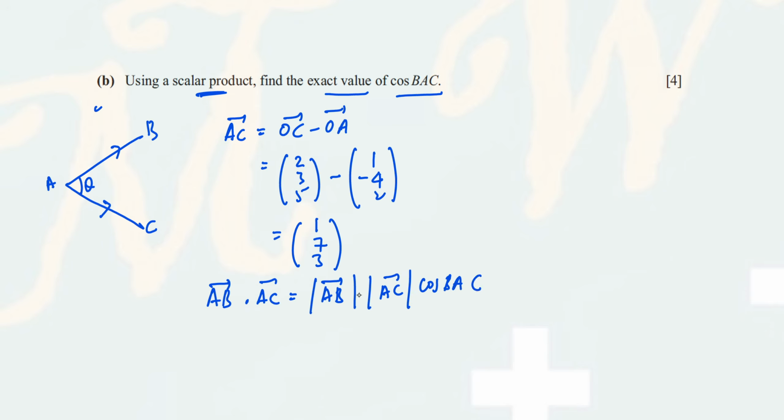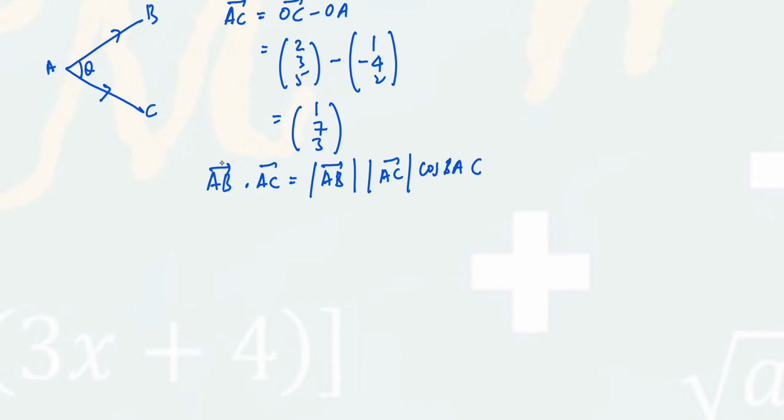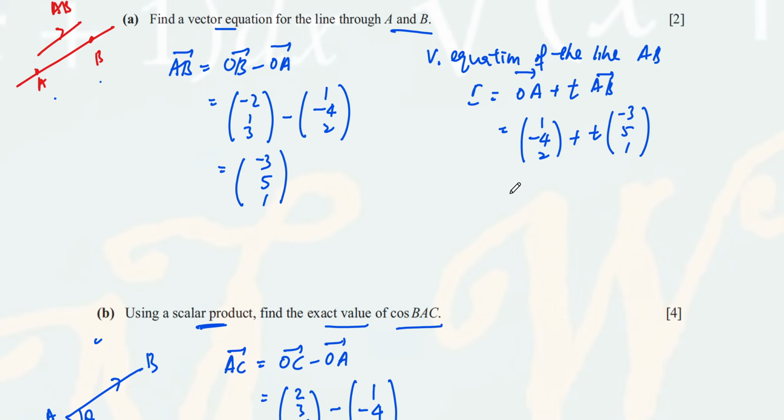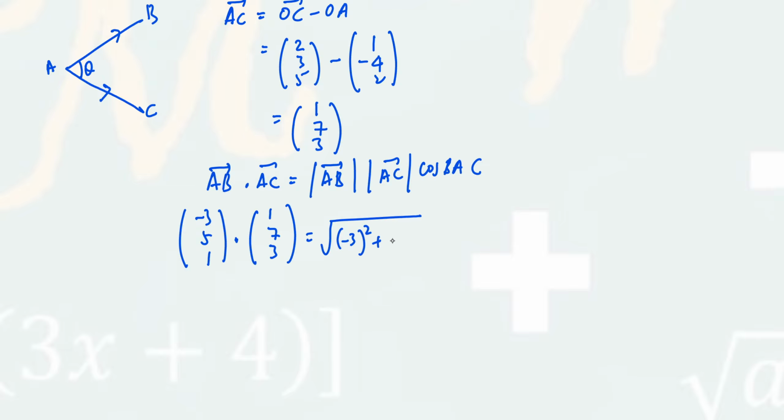Okay, now I need to calculate my magnitude AB and magnitude AC. So your AB dot AC, your AB is minus 3, 5, 1. And AC is 1, 7, 3. The modulus is the square root of the sum of the squares of each number.